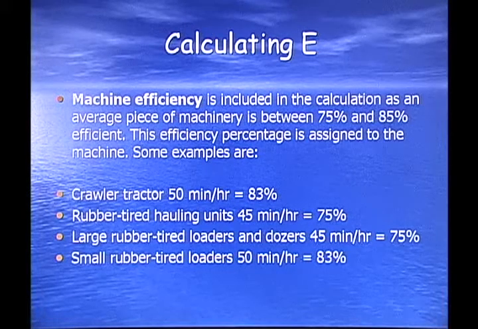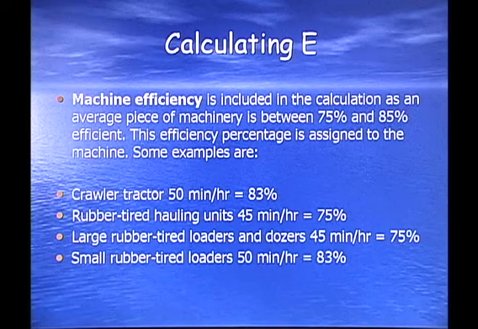Calculating E, or machine efficiency, is included in the calculation as an average piece of machinery is between 75 to 80% efficient. This efficiency percentage is assigned to the machine. Some examples: a crawler tractor works a typical 50-minute hour.